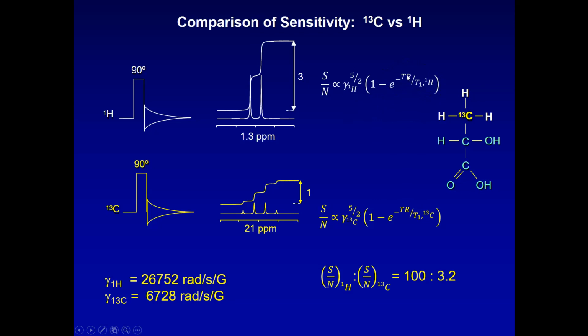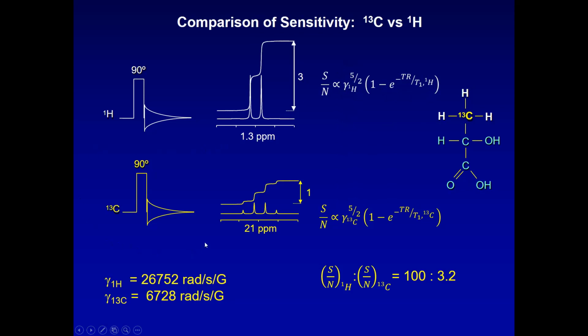That is, note that if you have a very short T1 and you tip 90 degrees every time, you will rapidly eliminate your Z magnetization and you won't see much. If you go out to long T1s, we'll look at the extreme case, a repetition time TR of infinity, so you get full T1 recovery between every acquisition. And we have this big factor then of gamma to the 5/2.